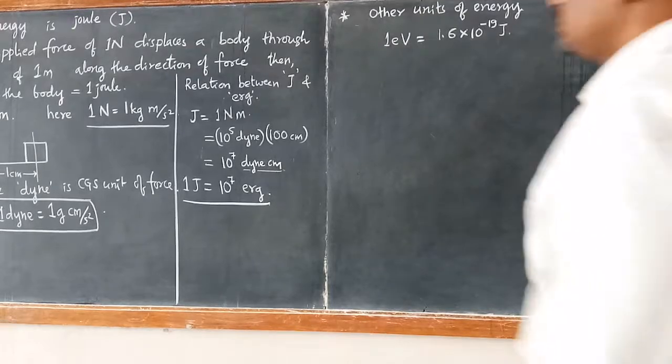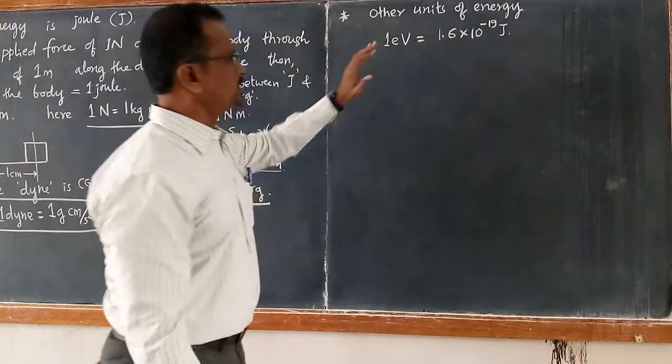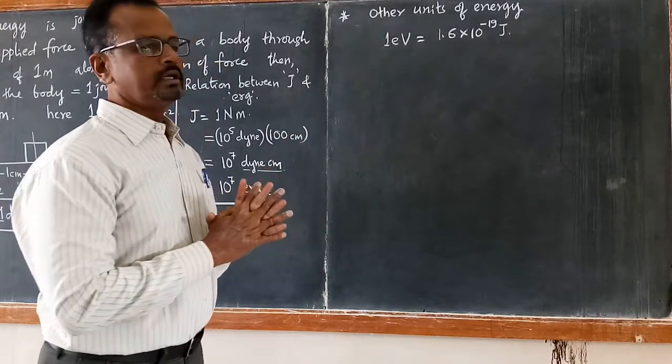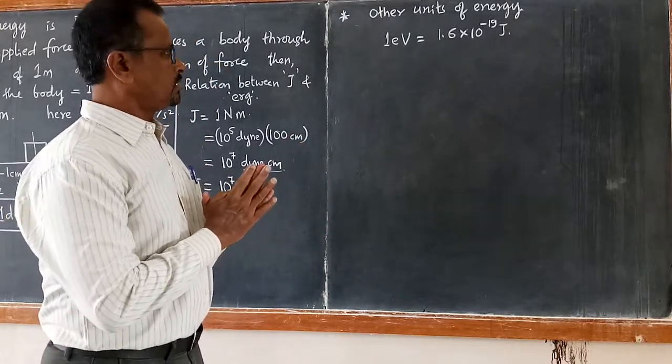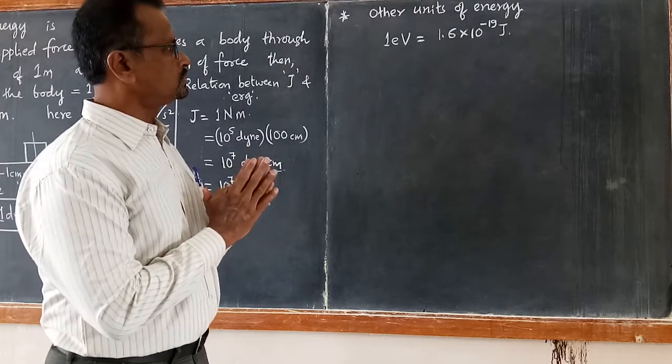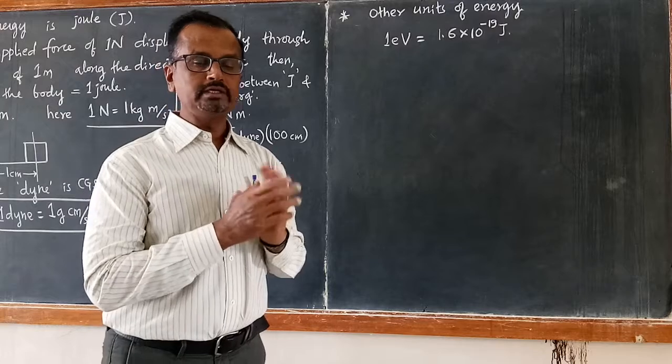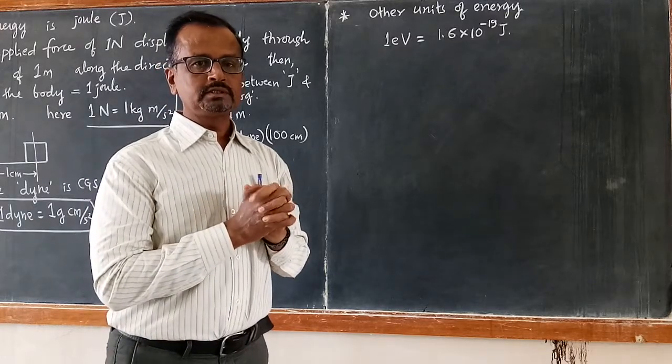Listen here. This is another commonly used unit when we discuss nuclear reactions. Electron volt is equal to 1.6 into 10 to the power of minus 19 joule. What is 1 electron volt? Simple.